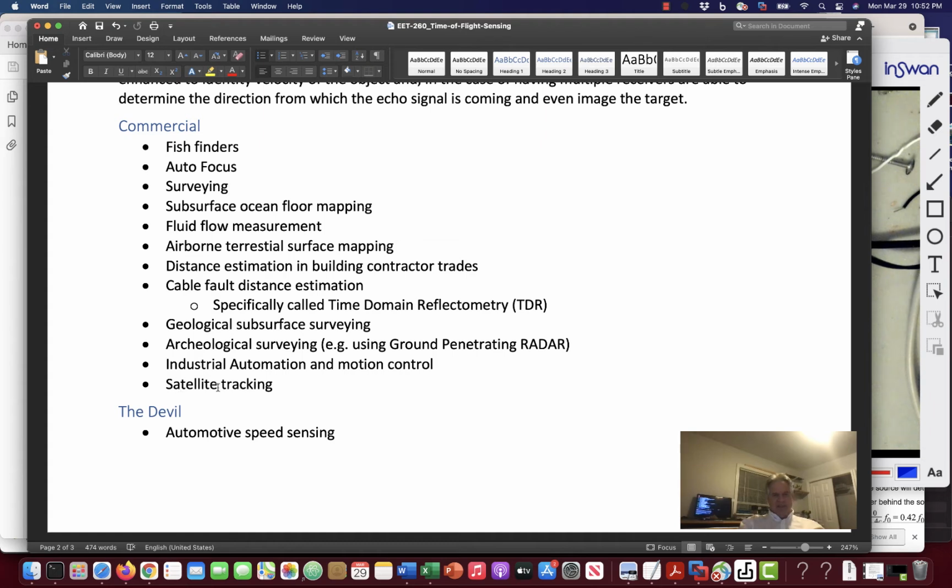Satellite tracking here is a little weird in that low Earth orbit satellites, because they're going overhead so fast, are subject to Doppler shift. And so sometimes the Doppler shift is actually used in tracking the satellite.